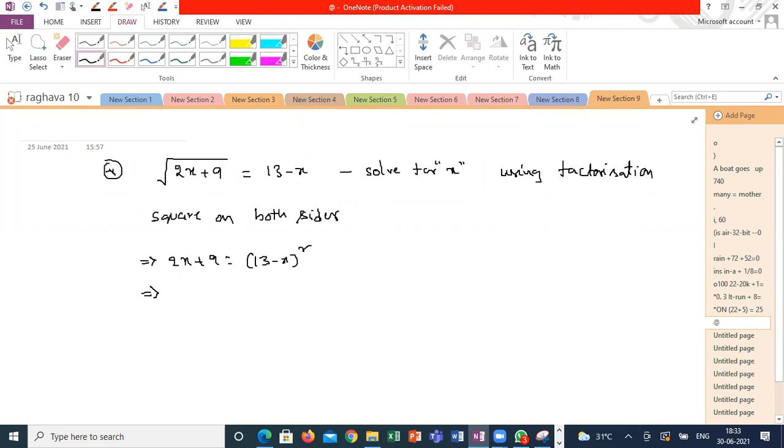What is the standard form of the equation you got? Anyone got the standard form? x square minus 28x minus 160 is equal to 0. Right, minus 160, madam.